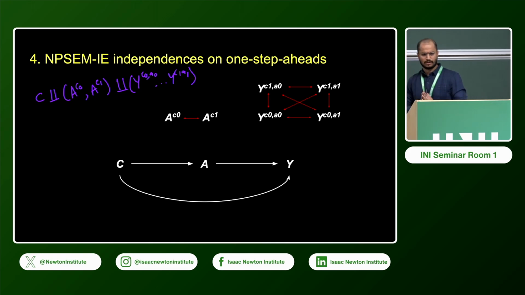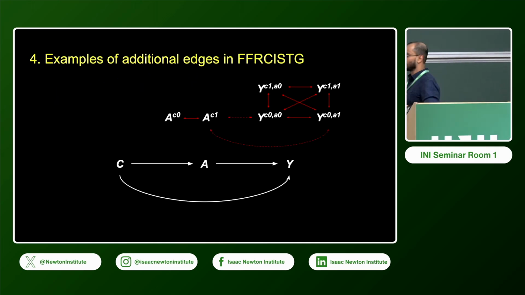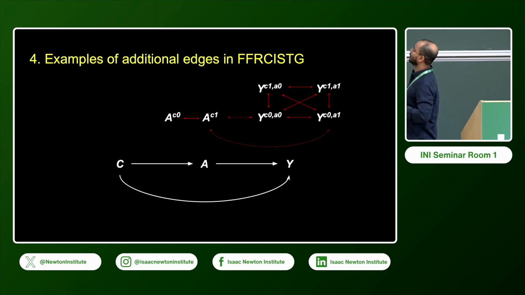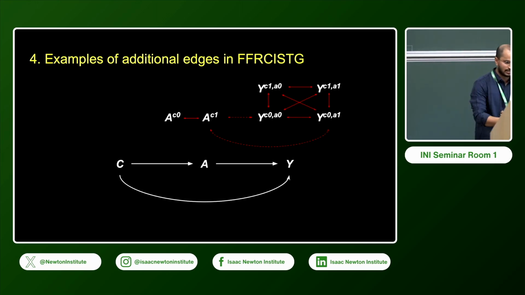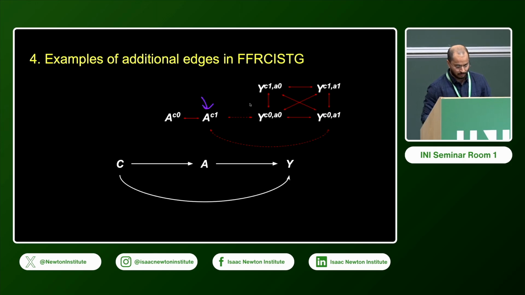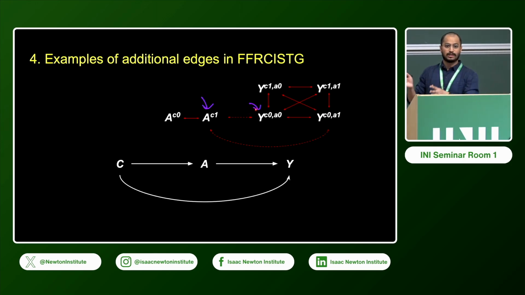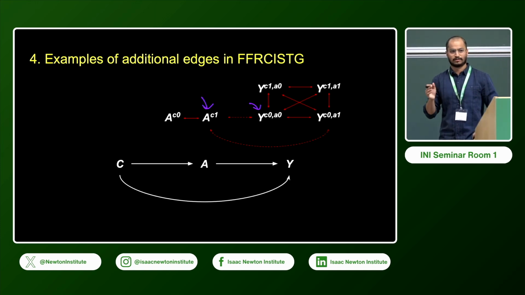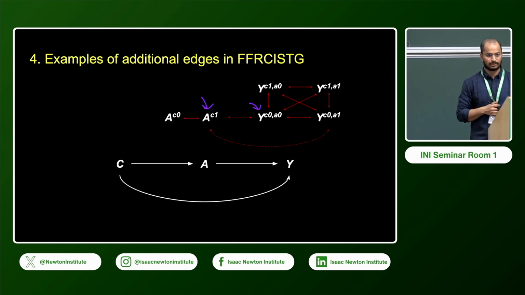Okay. Now, for an example of how the FCG model relaxes some of these constraints, here are 2 edges that you would have in the FCG model, but not in the NPSEM-IE. So you can see that A_C1 and Y_C0,A0 disagree on the assignment to C. So you would add a bidirected edge between those two to indicate that they are not independent of each other.